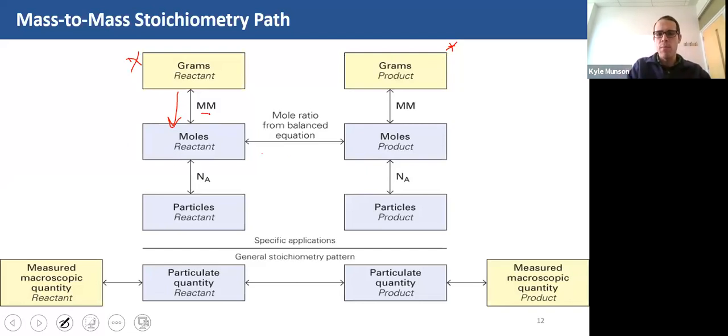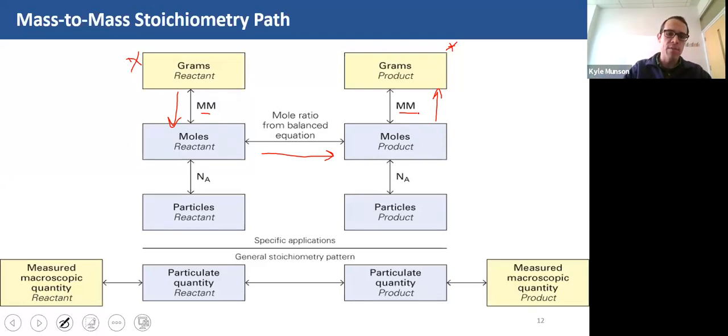Then use the mole ratio, like we did in the last video, to convert from moles of the reactant to moles of the product. Then use the molar mass of the product to convert to grams of that product.